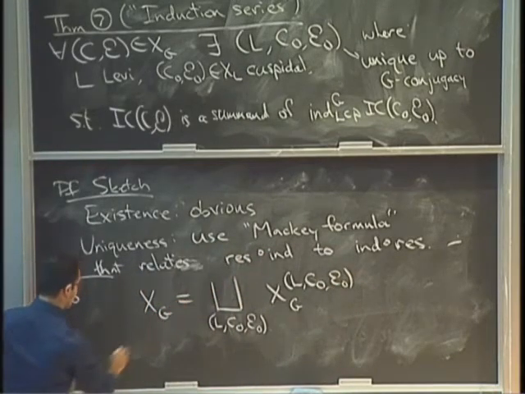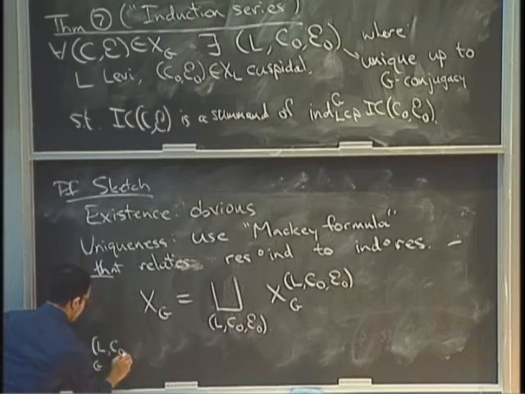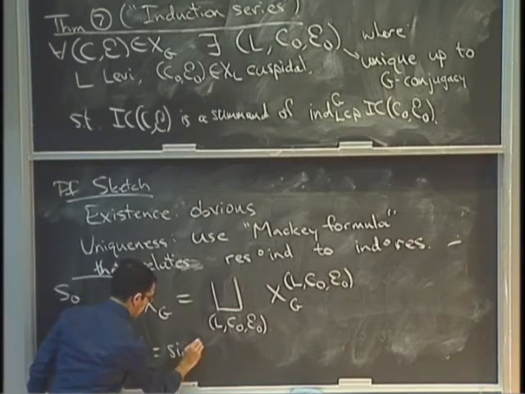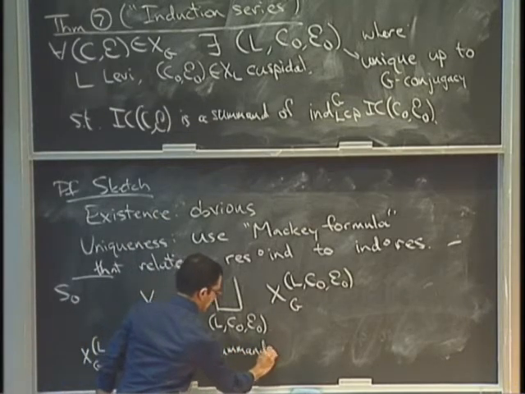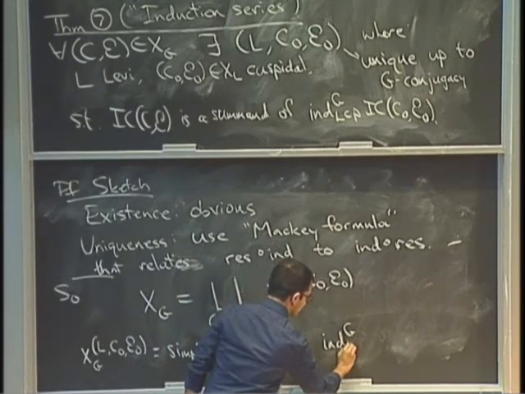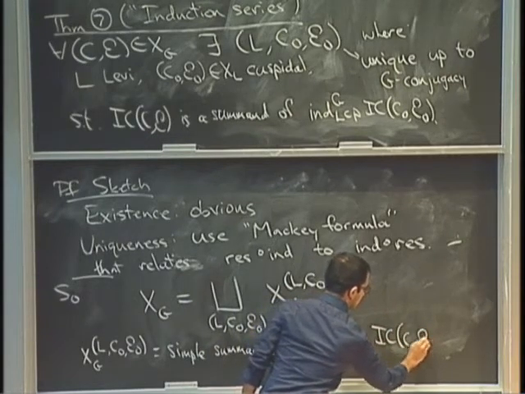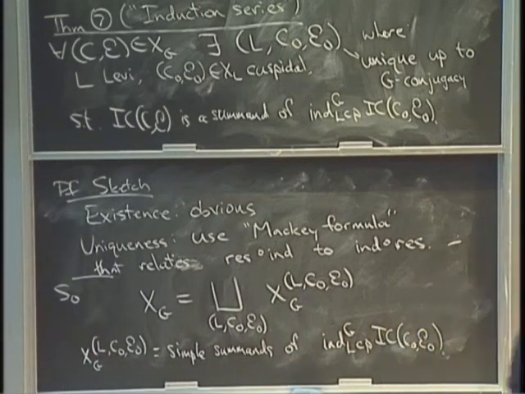So the thing on the right there is just defined to be the set of simple summands of what you get by inducing this cuspidal one from L to G.